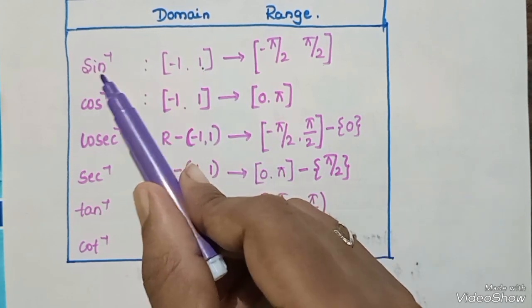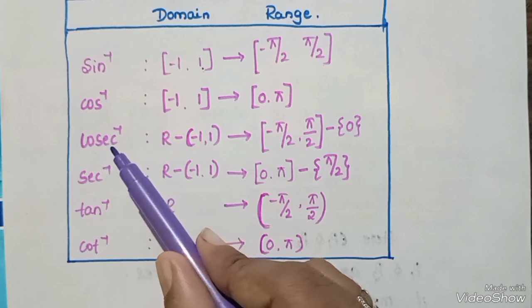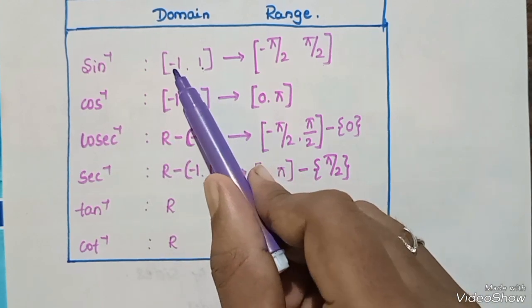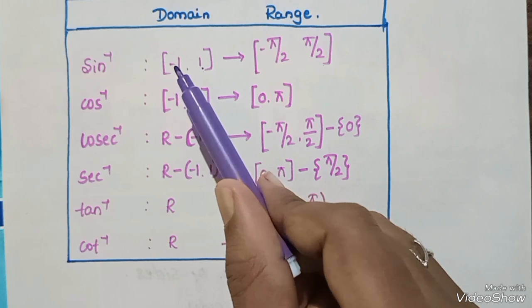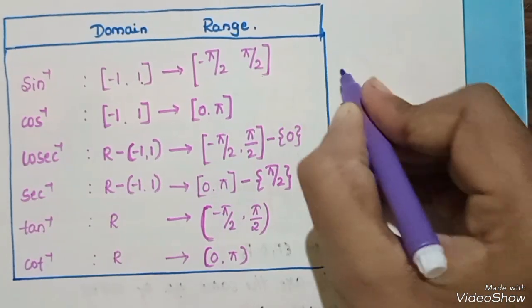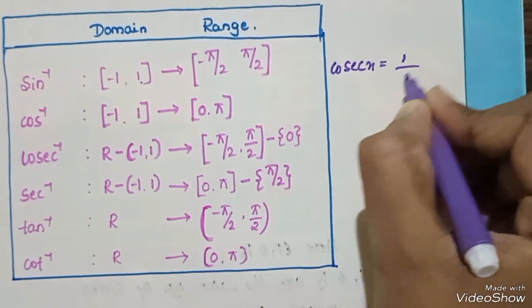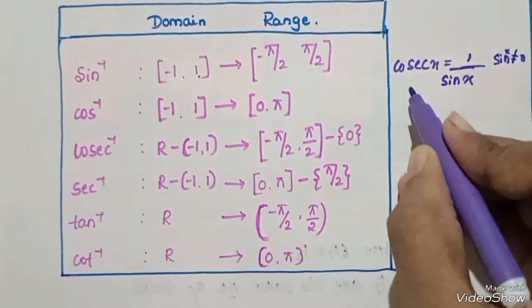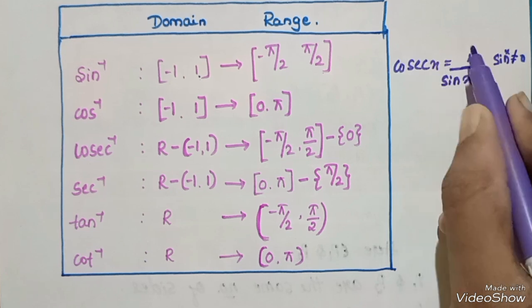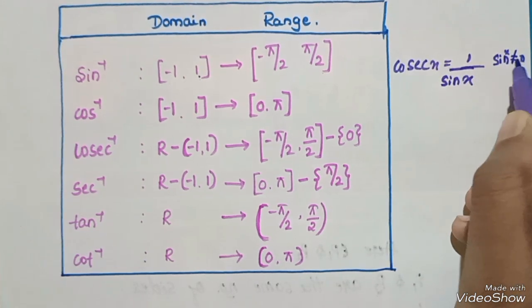For cosec inverse, the reciprocal of the sine function is cosec x. Cosec x can be written as 1 divided by sin x, where sin x does not equal 0.